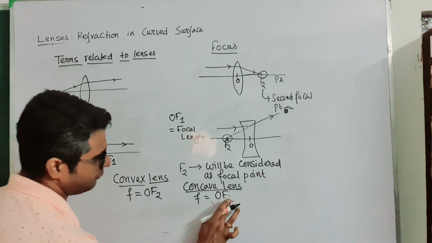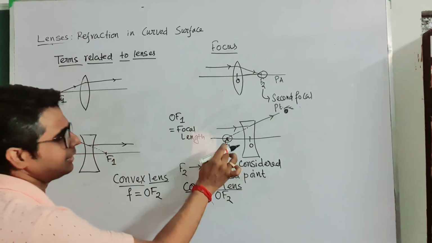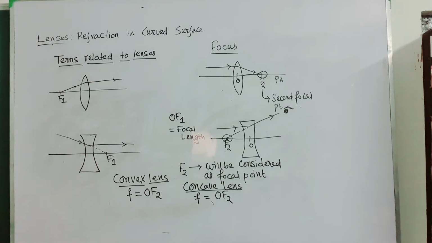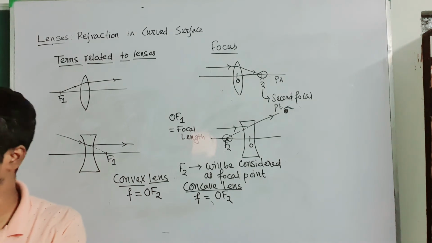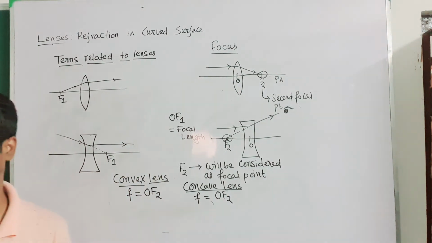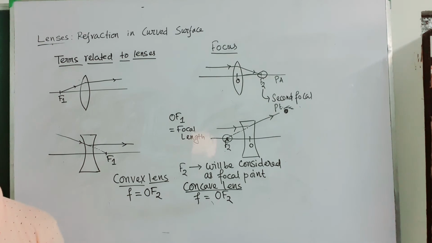No, sorry, OF2. Here also it will be F2 only, because this is the focus. So whenever we are talking about focal length, we will consider F2, not F1. F2 for convex lens is on the right side. F2 for concave lens is on the left side. Clear?